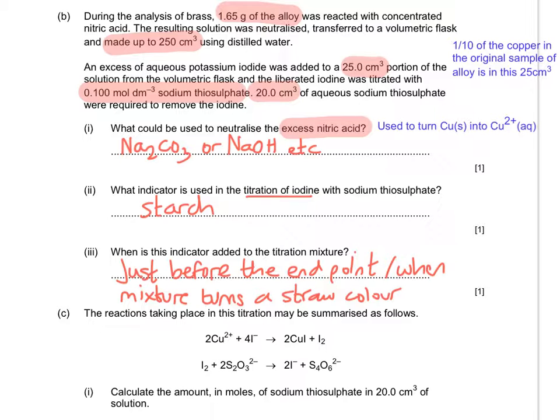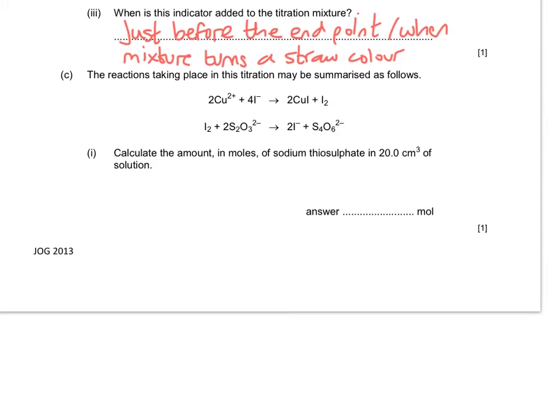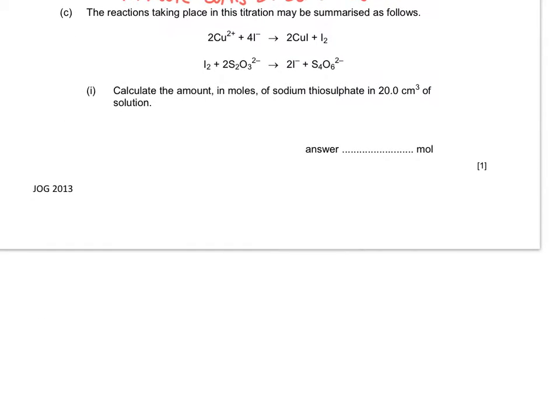So let's now move the page down. It says that the reactions taking place will be summarised as follows. Well, we've seen these two equations already in the previous screen, and it asks you to calculate the amount in moles of sodium thiosulfate in 20 centimeters cubed of solution.